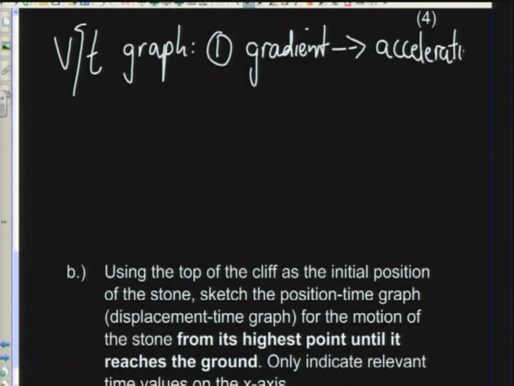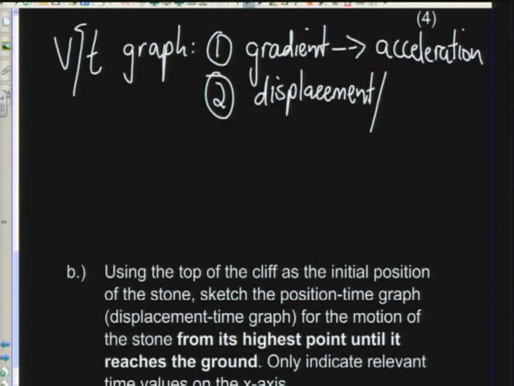So this is one thing I can get from a velocity-time graph, and I'm going to show you how we do that. Second, we can get the displacement, or the distance moved.